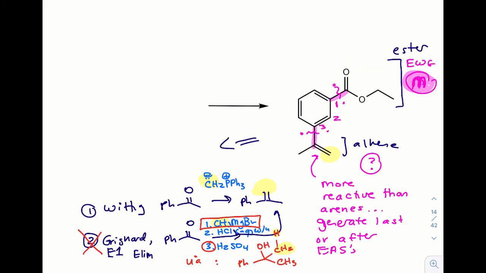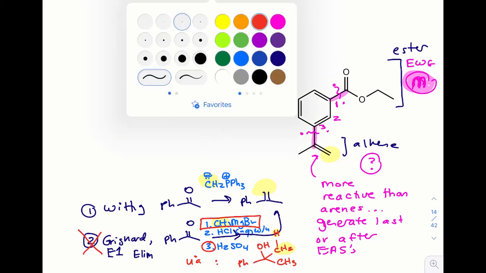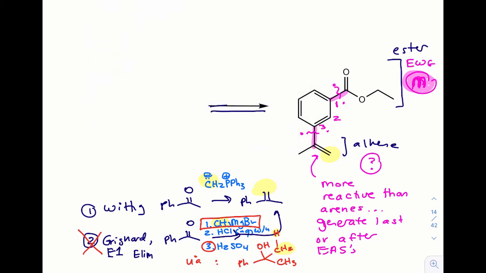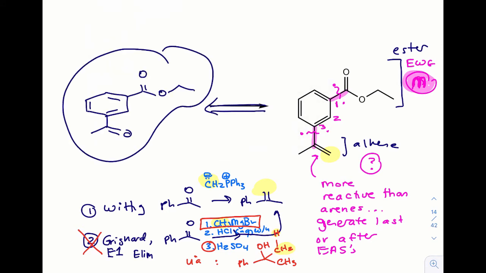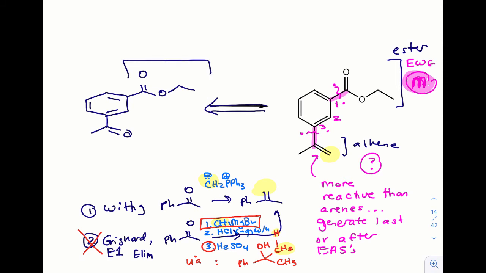So if you imagined that your retrosynthetic analysis proposes this intermediate, recalling again that the ester was installed first because it is a meta director and would direct the second acylation here. Also, because the alkene is reactive with pretty much everything, more so than a benzene ring, we want to put that alkene on last.